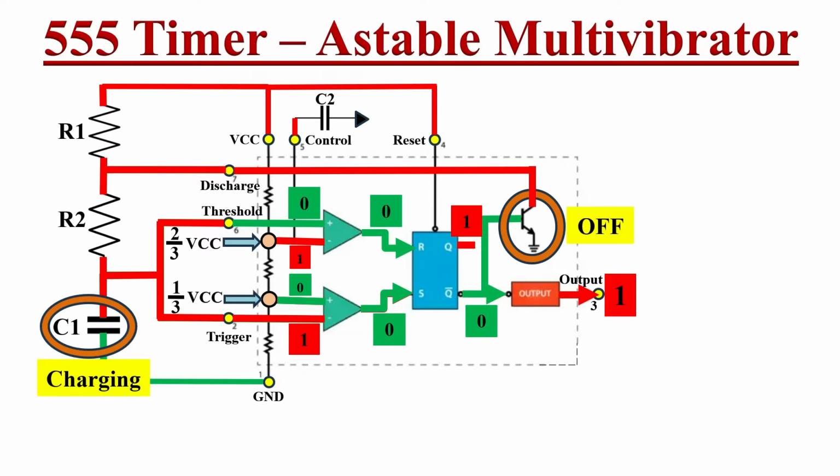Here this capacitor keeps on charging, and after some time this capacitor voltage is greater than both these reference voltages of 1/3 and 2/3 VCC levels. So the first comparator input levels will also change. Here inverting input becomes logic 1 and non-inverting input becomes logic 0.